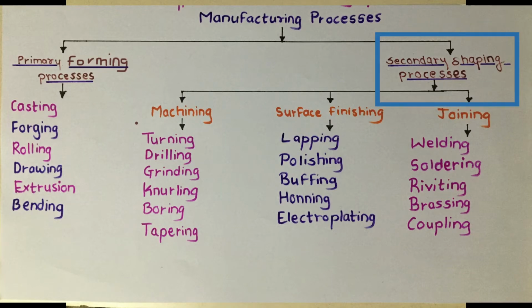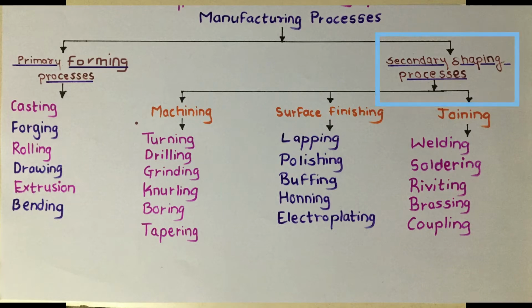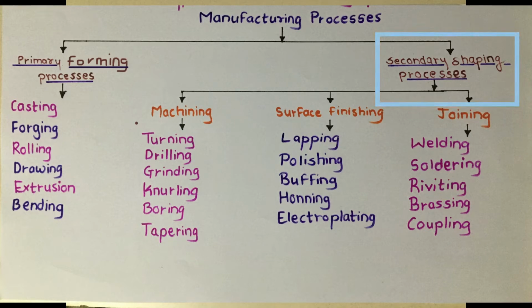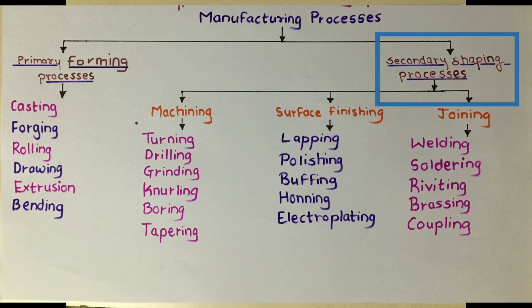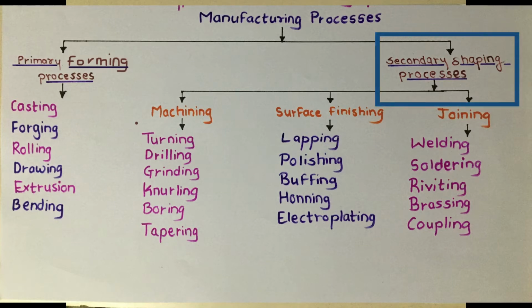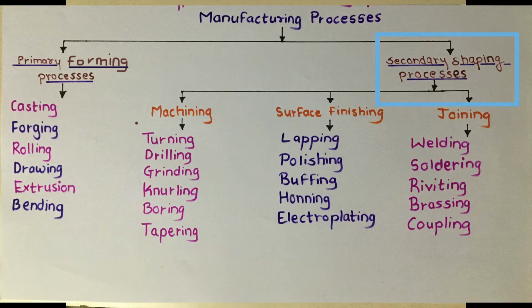Now we will move toward the secondary shaping processes. But before we move forward, we will see that in primary processes we can create an object by using forming processes, but we cannot achieve the tolerance limits, good surface finish, and dimensional accuracy.